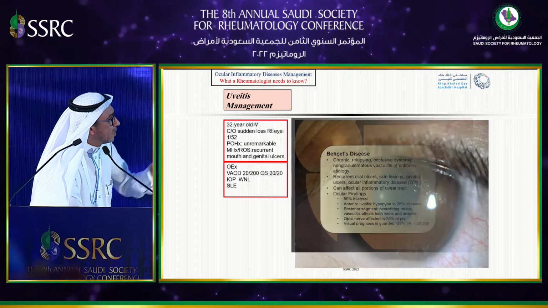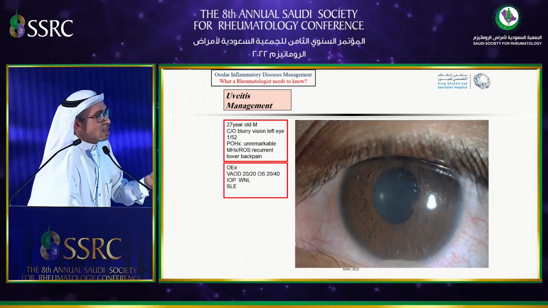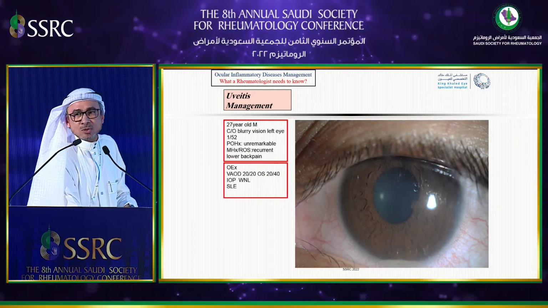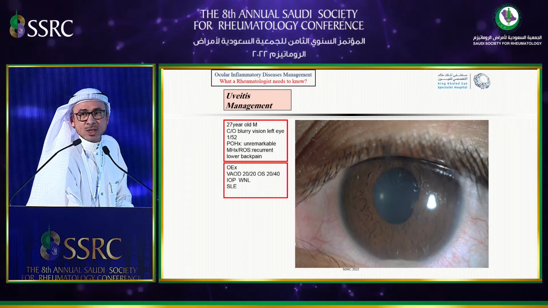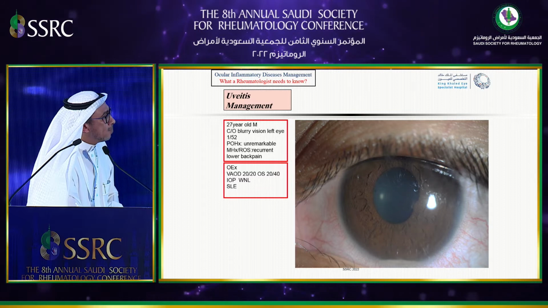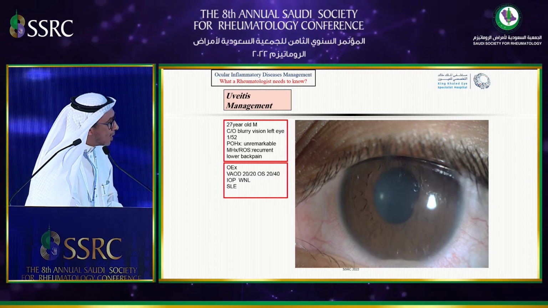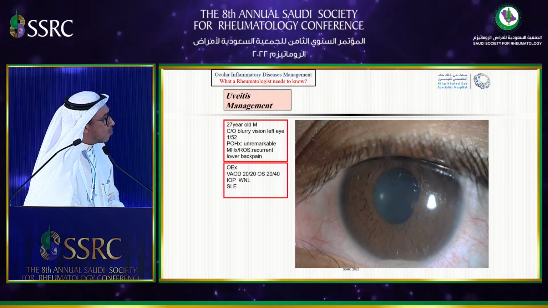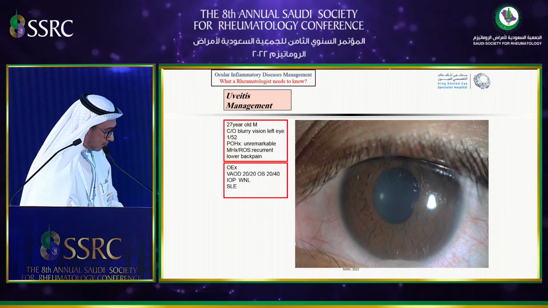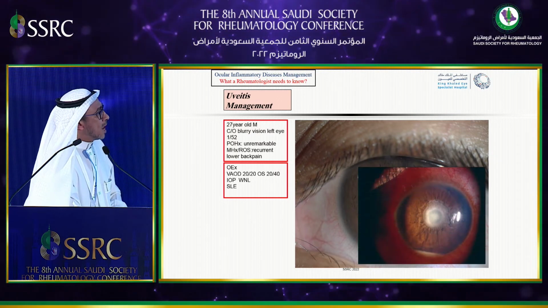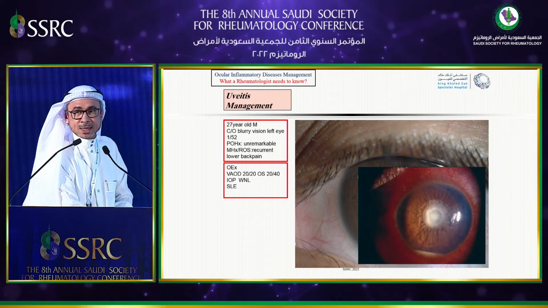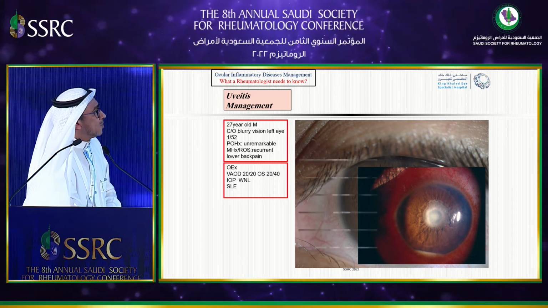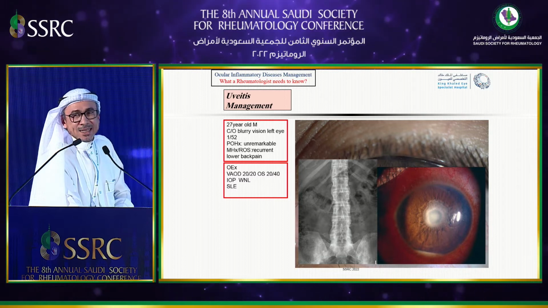This is just briefly how it can present. Another important disease is ankylosing spondylitis. This patient presented with acute blurry vision with red eye, and they usually present with fibrin and hypopyon in the anterior chamber. It's important to be seen by ophthalmologists and treated easily, usually with systemic immunosuppressive medication.